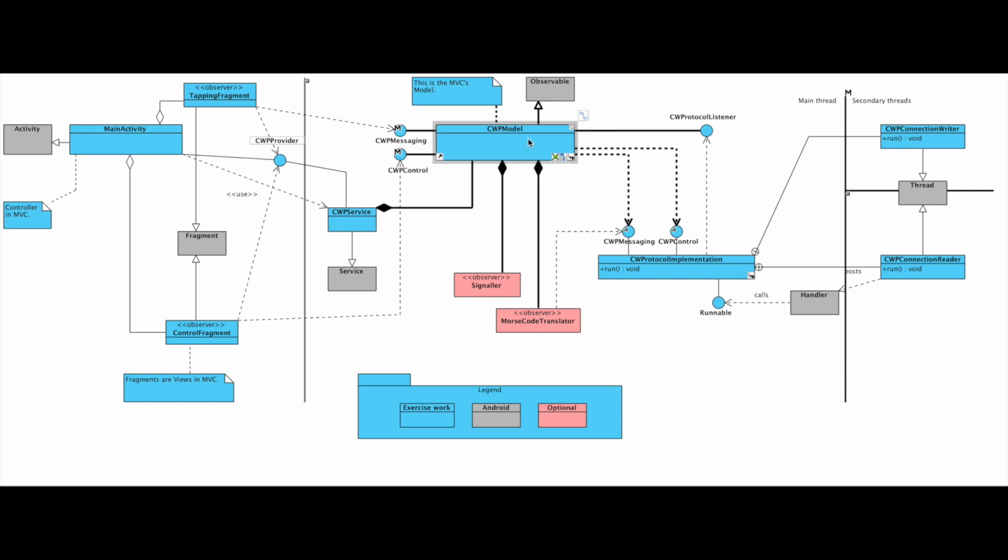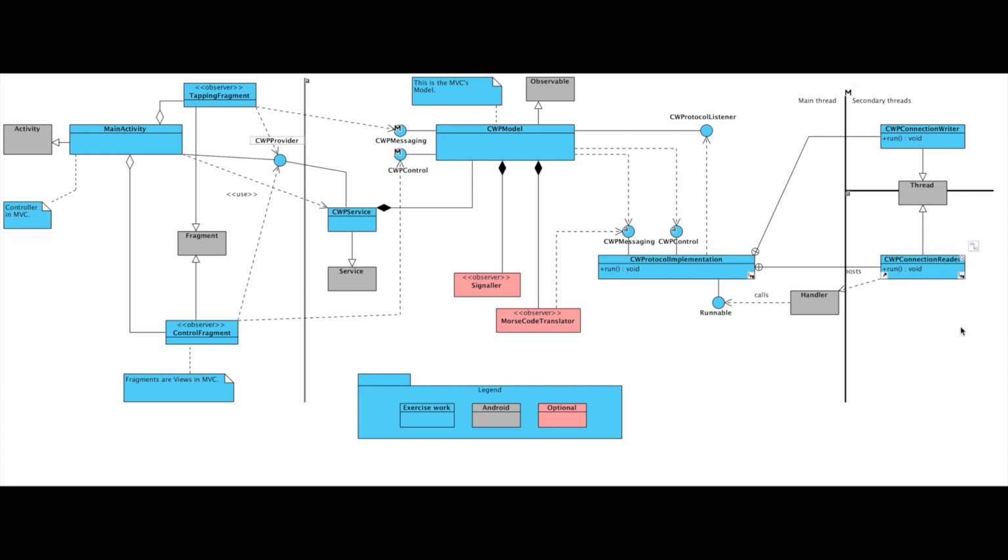Further on, the model contains an implementation of the protocol that you are going to do in this course. And in order to satisfy the Android rule that all networking connectivity must be executed in other than the main thread of the application, you have 2 secondary threads in the application.